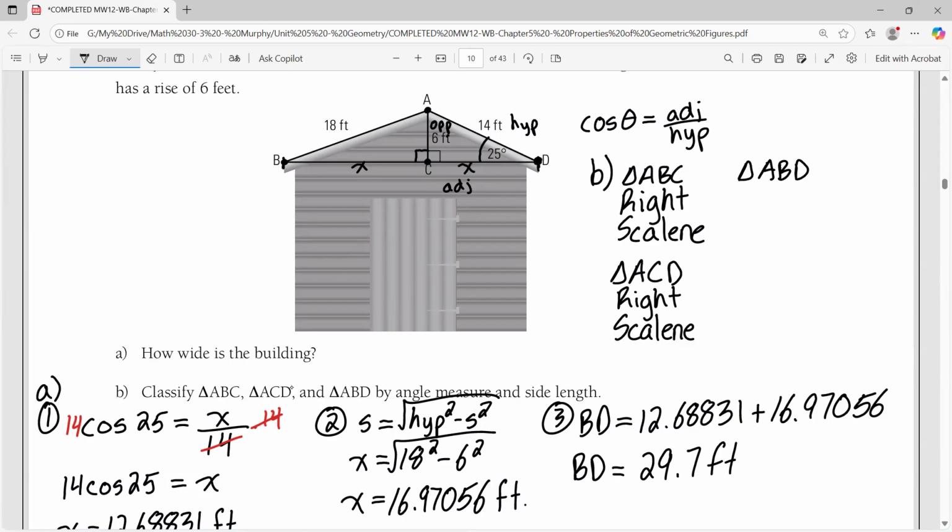So from A to B all the way over to D. Okay, this is not a right angle triangle. It is not acute. Okay, we do have angles less than 90 here and here, but this big angle up at the top, angle A, all the way across, is greater than 90. So this is what we call obtuse. And then none of these side lengths are the same. Okay, so we got 29.7, 14, 18. This is scalene.